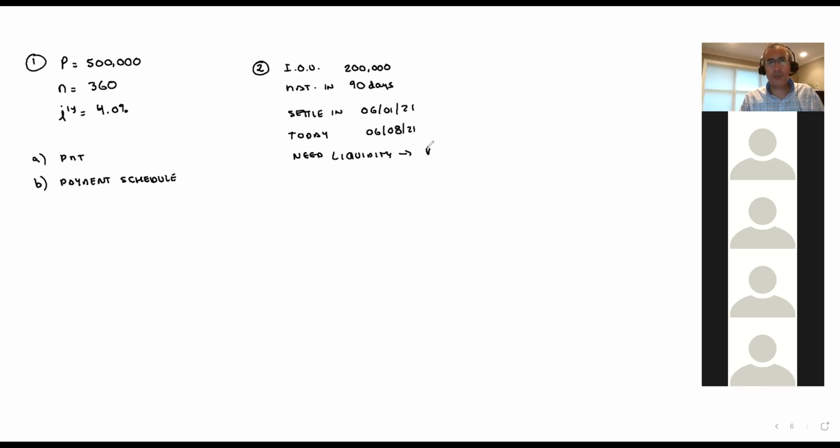And the bank tells you the discount rate, let's assume, is 2% per month. So what I need from you guys is how much money you want to receive and the bank's discount, how much money the bank is going to keep.